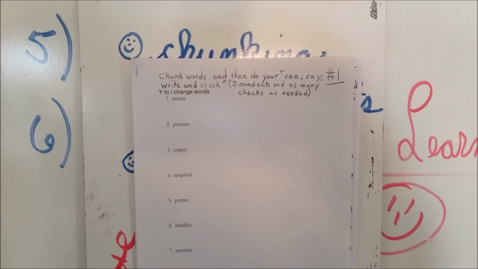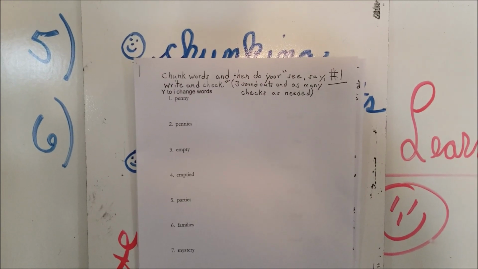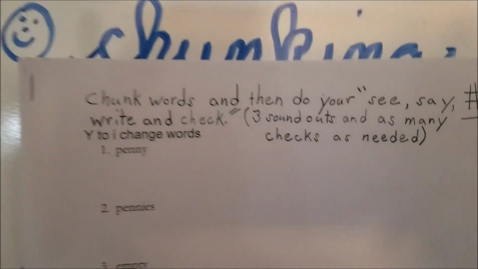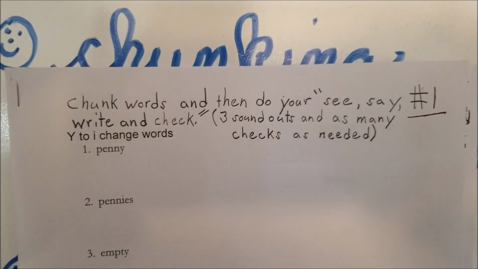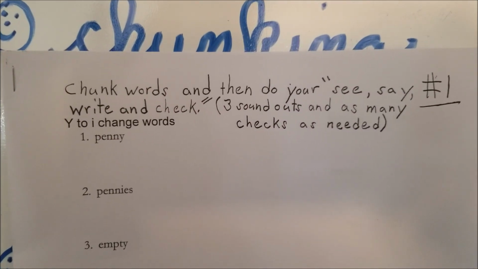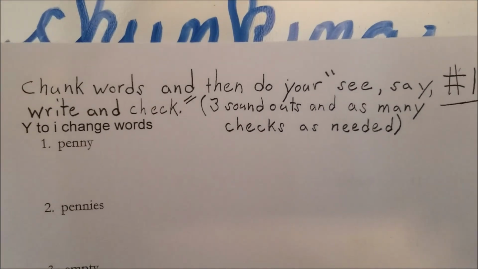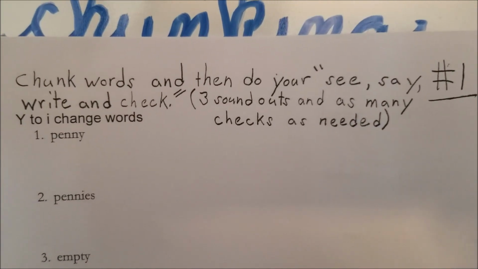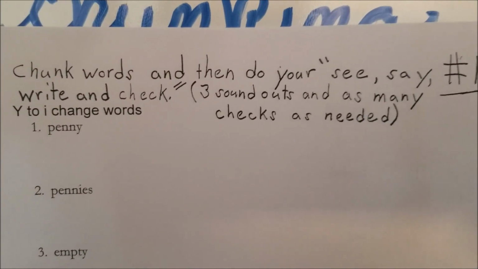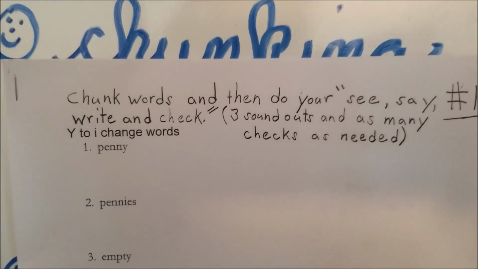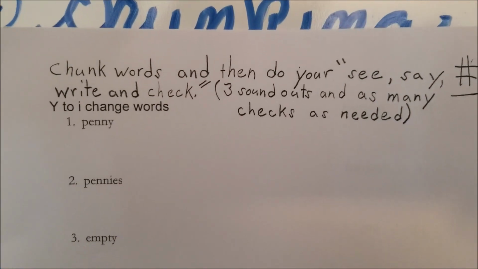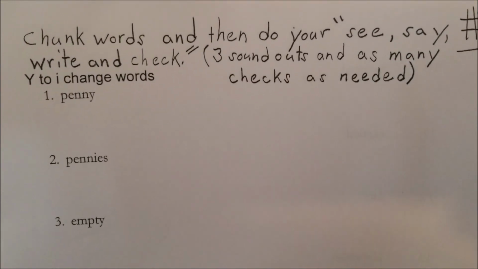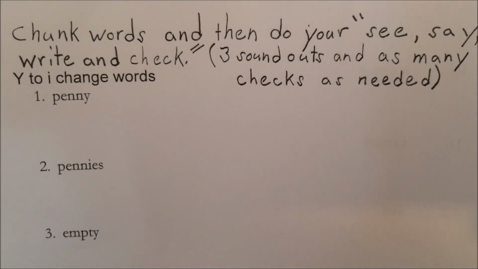Boys and girls, now you should be taking some time to work on your chunking and sound out words. Remember, please do the see, say, write, and check method. And I've suggested 3 sound outs, and then as many checks as you need to until you can get it right. However, if 3 sound outs is not enough for you, you can do as many as it takes.